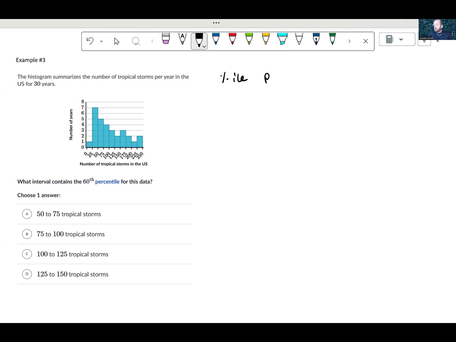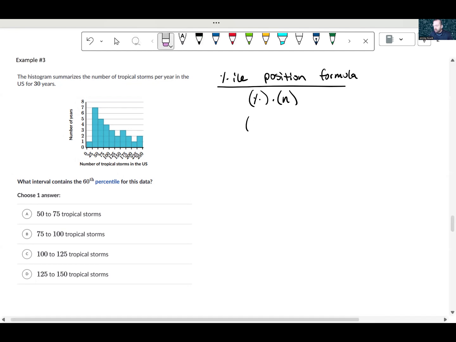Percentile position formula. Okay, and that one was percent times n. So we have the percent is 60th percentile, or 0.60, times n, which is, it looks like n is equal to 30. Done this for 30 years. And so that equals 18.